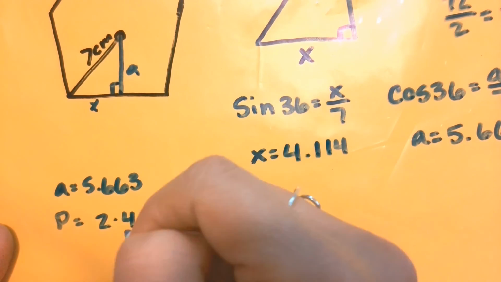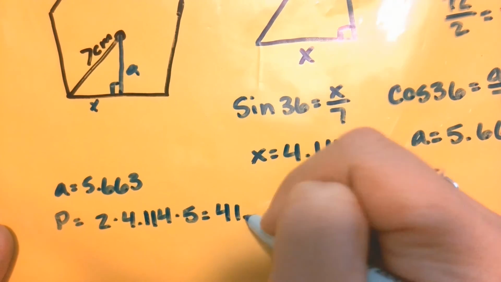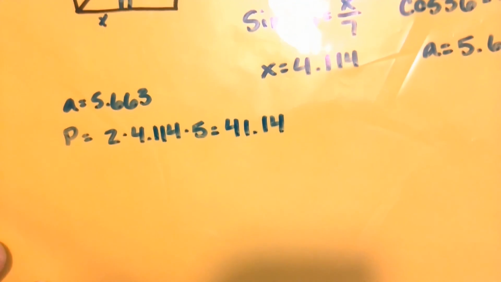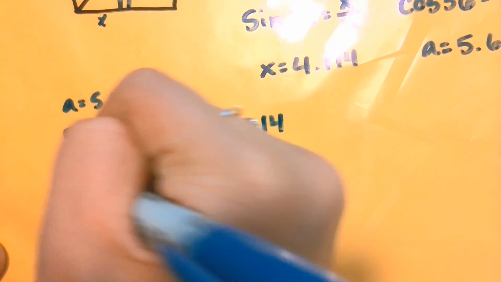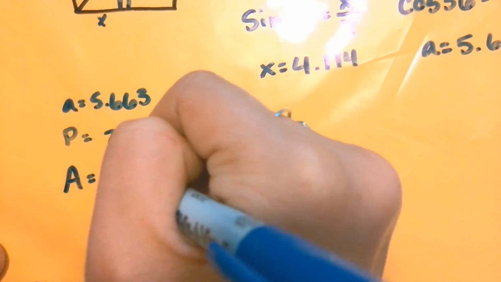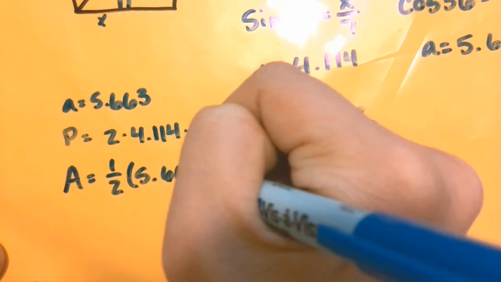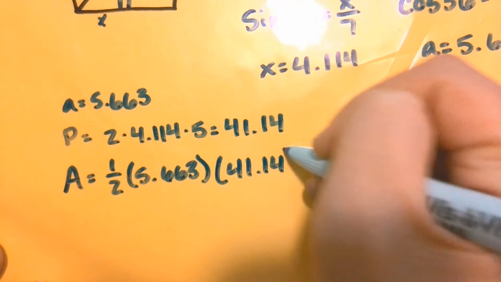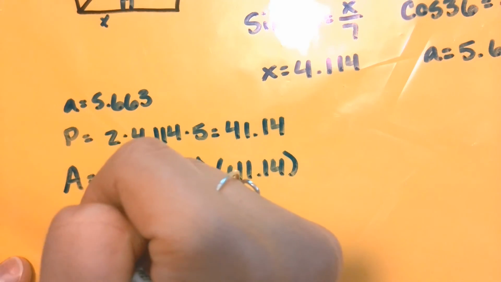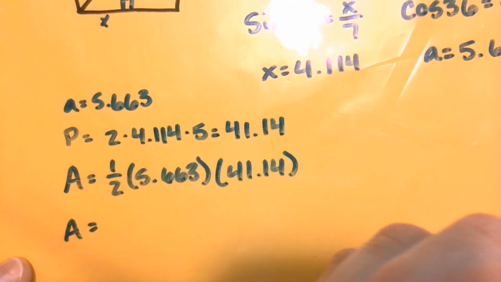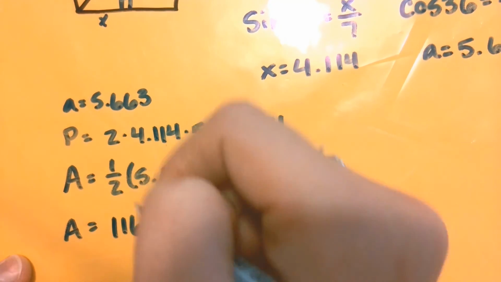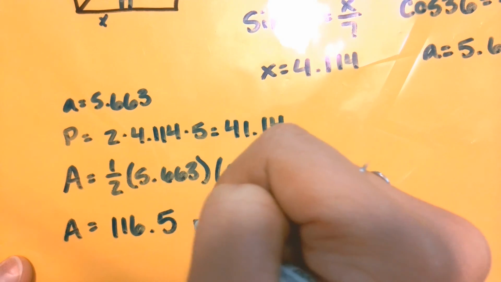So since I'm multiplying by 10, I'm going to have 41.14 for my perimeter. And now I can go ahead and use my formula. And rounding to 1 decimal place, we should get 116.5. And this was centimeters.